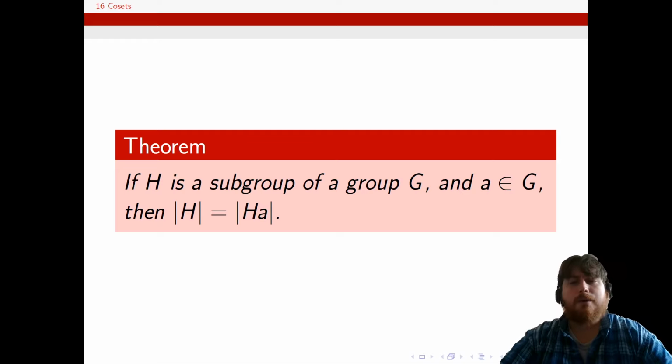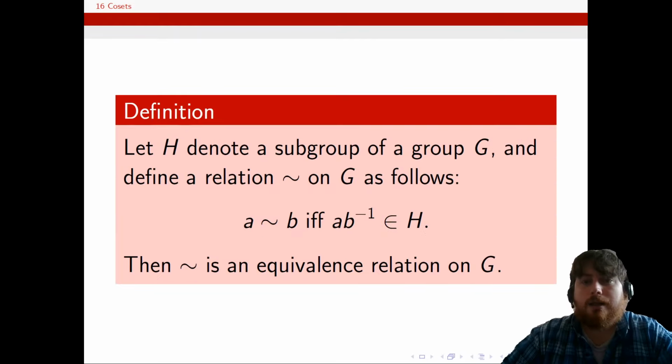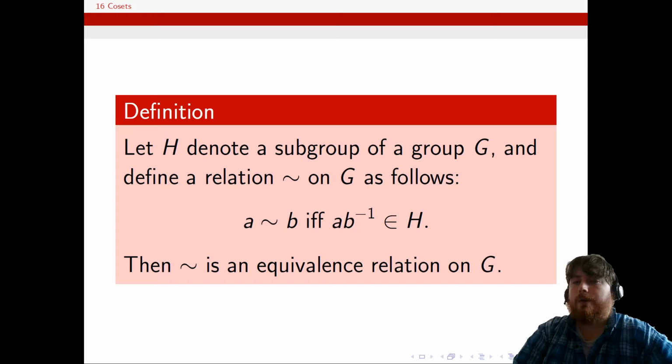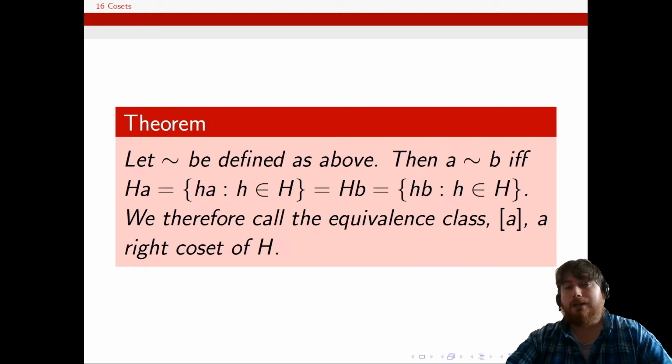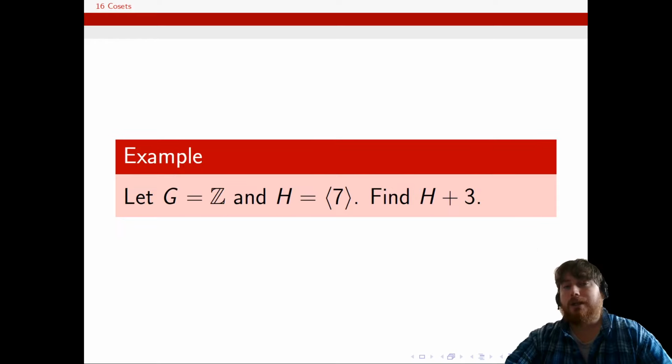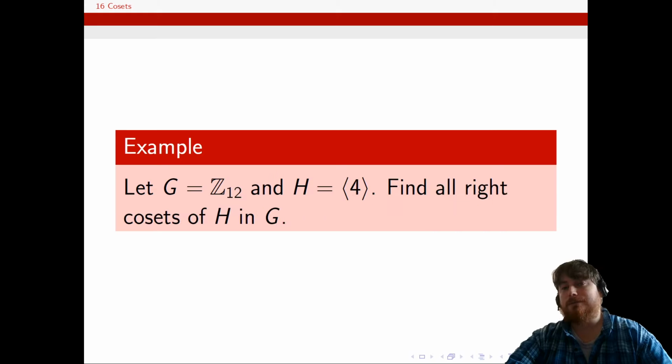Now, before I move on, I do want to say just one more thing, is that we could also do, instead of right cosets, we could do left cosets. So if we wanted to do left cosets, what would we do? Well, instead of having A equivalent to B if AB inverse is in H, we'd say if A inverse B is in H. And then a left coset would be AH or BH. And then we could go through and say 3 plus H instead of H plus 3.